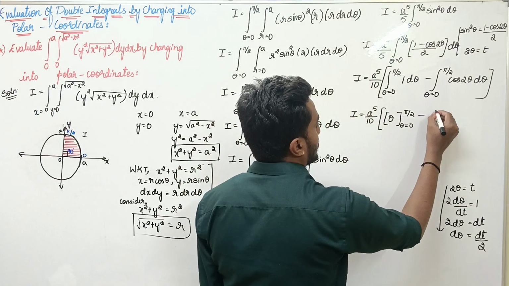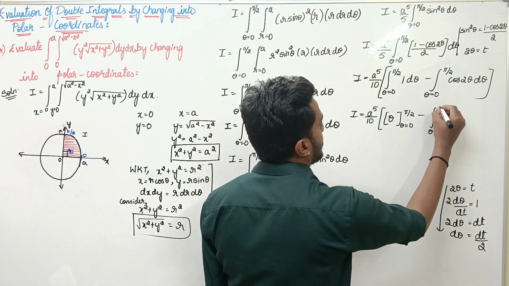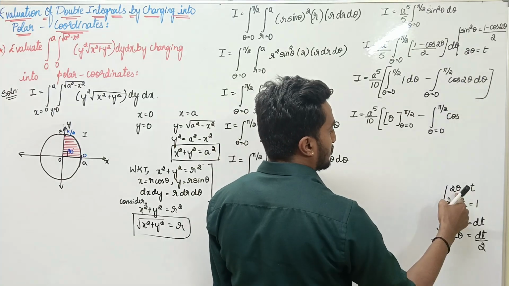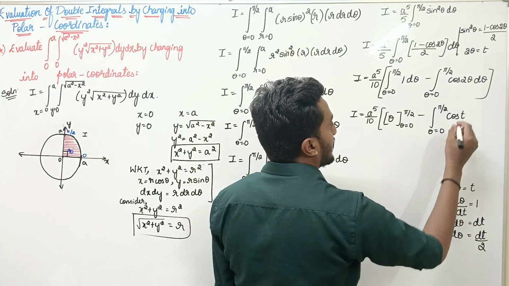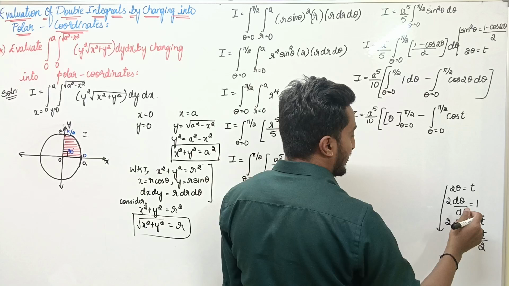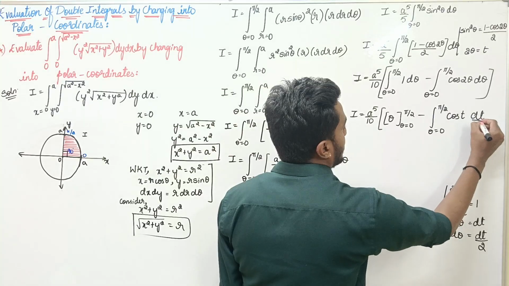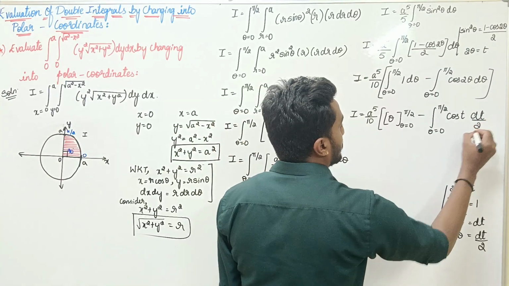I am going to simplify here. The integral where theta varies from 0 to pi by 2 of cos 2 theta: instead of 2 theta I am going to represent it as t, and in place of d theta I am going to replace dt by 2.